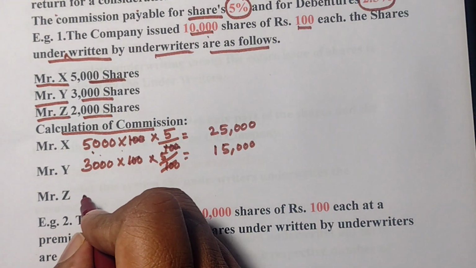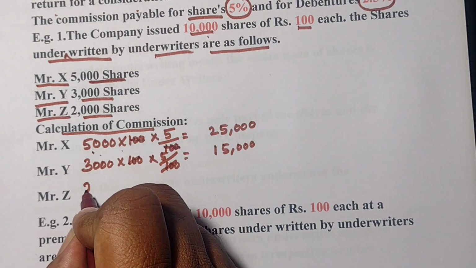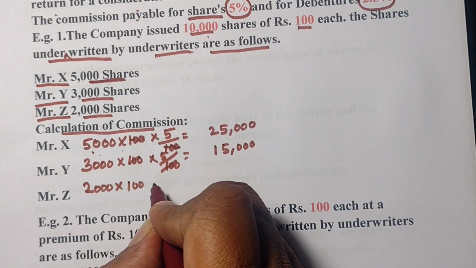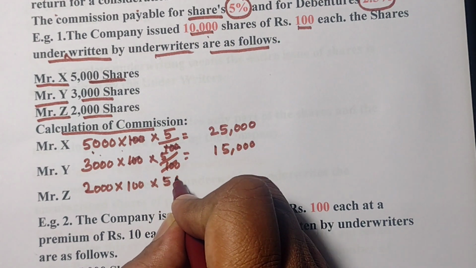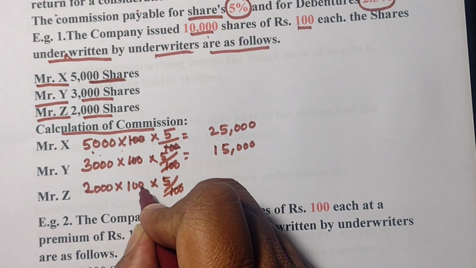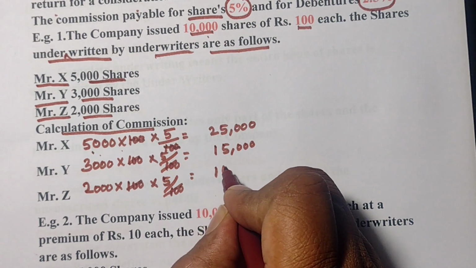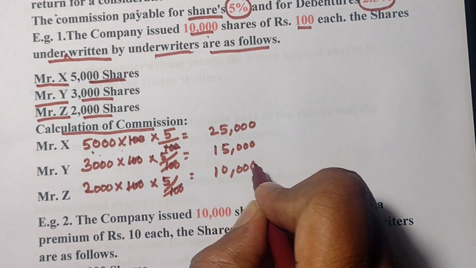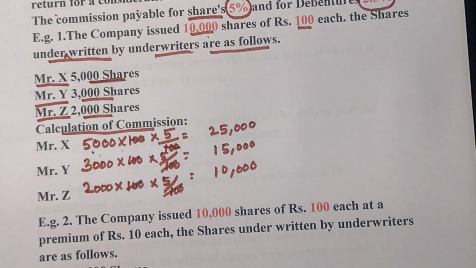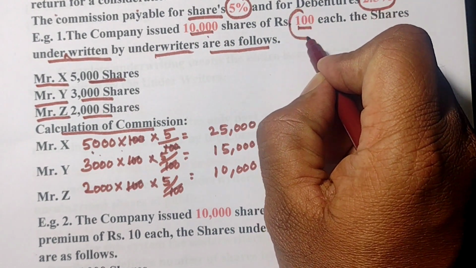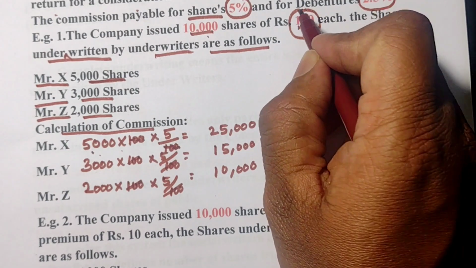And for Z it is 2,000 shares: 2,000 into 100 into 5 by 100. Again the 100 gets cancelled. 5 twos are 10. So 10,000 rupees is the commission payable on the shares. This is the example where the share is issued at par.